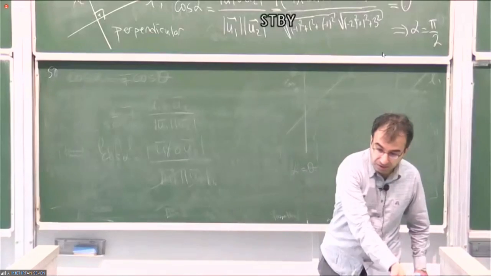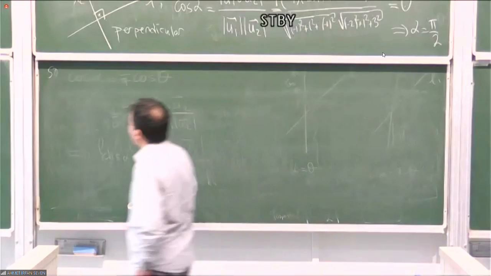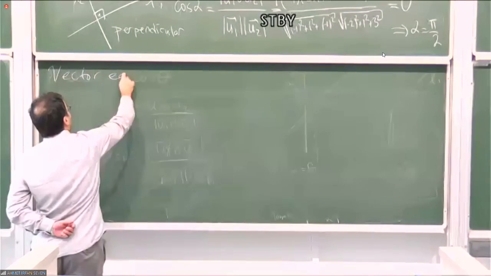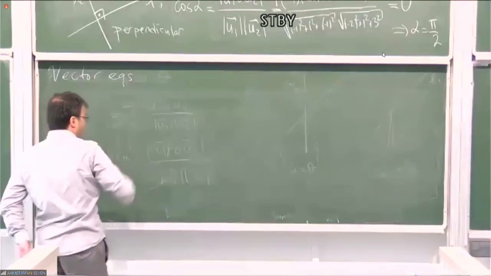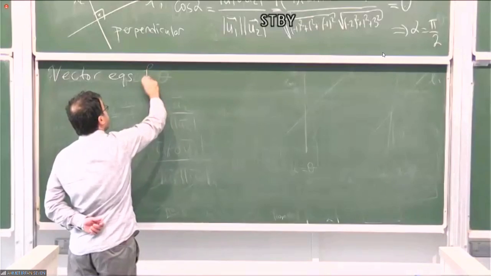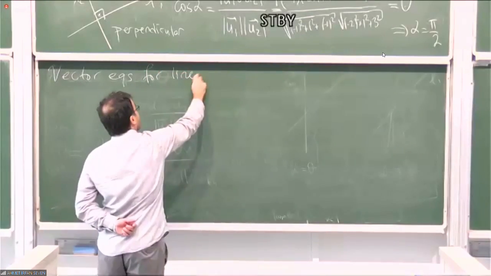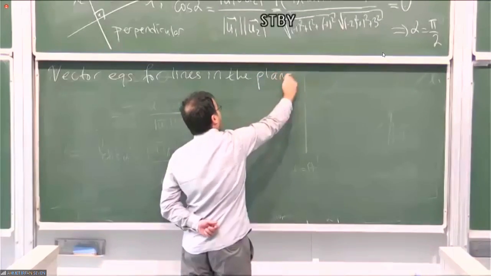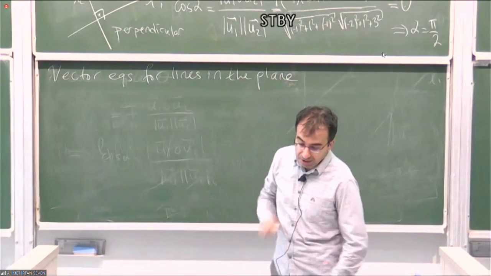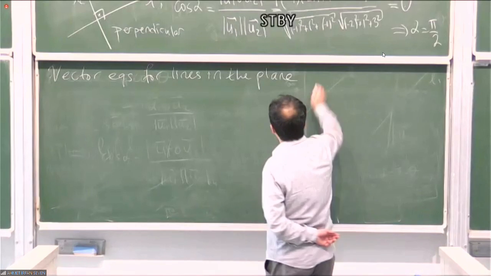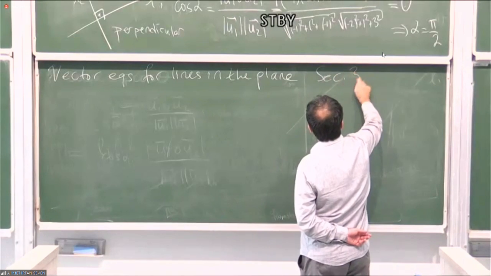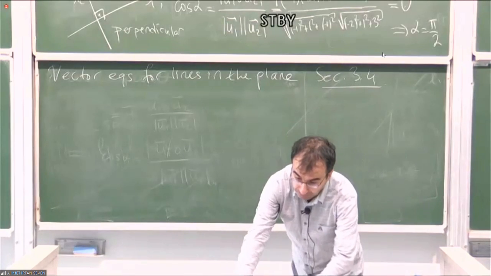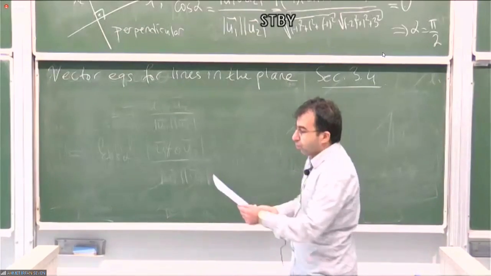So let's now discuss vector equations for lines in the plane. This would be section 3.4 in the book.